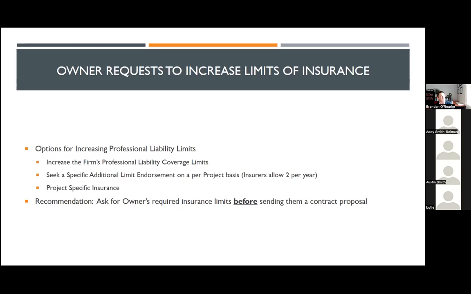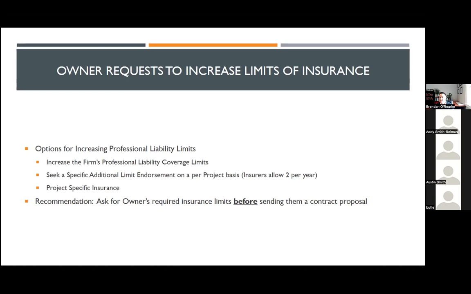My recommendation, because I don't see this going away anytime soon, is upfront, before you are sending your client a proposal, to get a sense of what insurance limits they're going to be looking for. If they're looking for $5 million of coverage and you only have $1 million, then I would get the pricing in advance for either a project-specific insurance or limited endorsement if it's available.